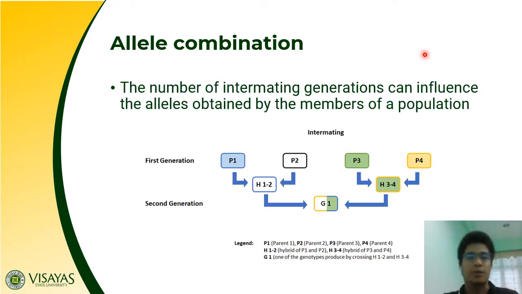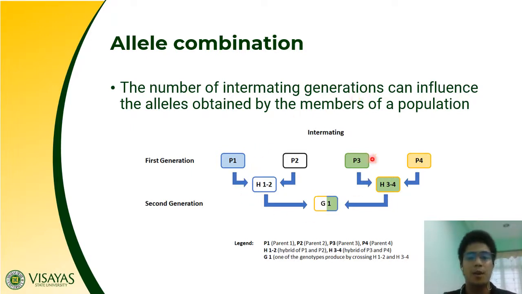So, allele combination. What's in this principle? Here, the number of intermediate generations can influence the alleles obtained by the members of a population. The intermediate generations are also influenced by the number of parents you use to form your population.